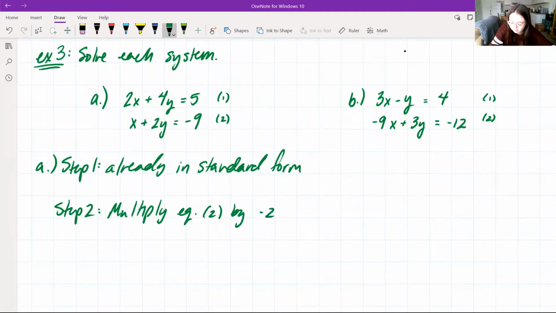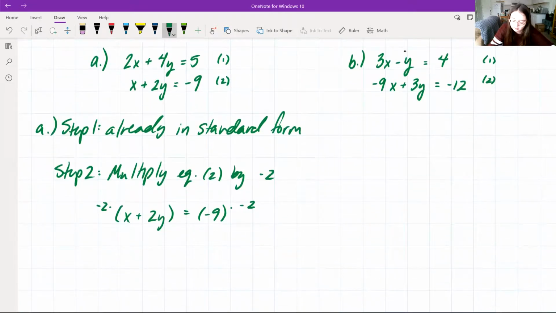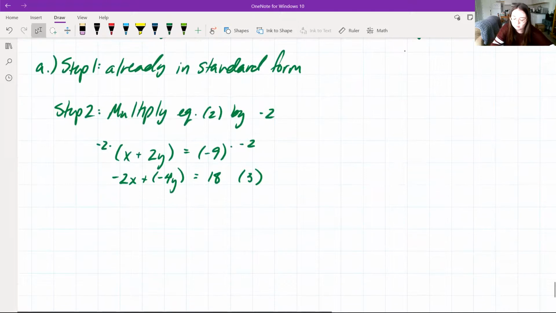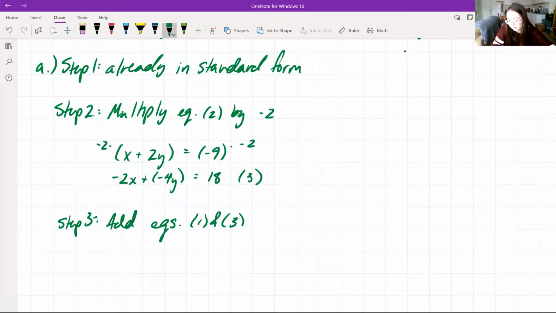And this gives us x plus 2y times -2 is equal to -9 times -2. So this is going to give us -2x plus -4y is equal to +18. We're going to call this equation 3. And now in step 3, we're going to add equations 1 and 3.